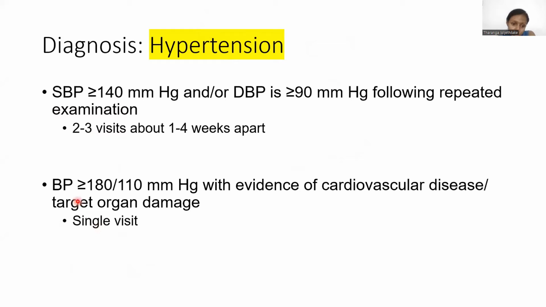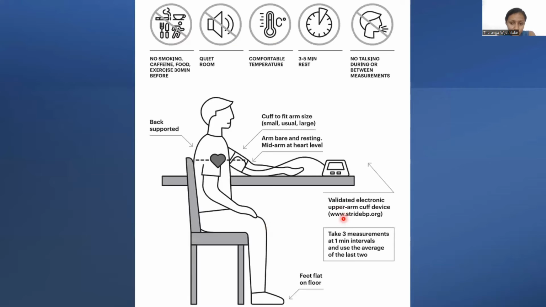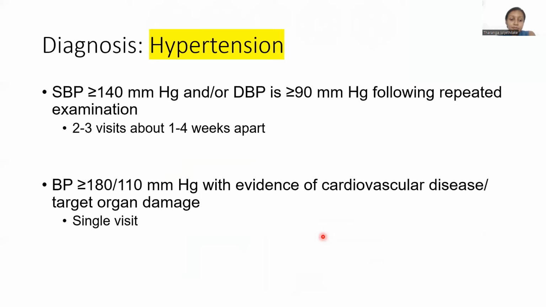When I say the reading, it means this average of 3 measurements. If that is above or equal to 180 over 110, with evidence of cardiovascular or other organ damage during a single visit, you could diagnose hypertension.